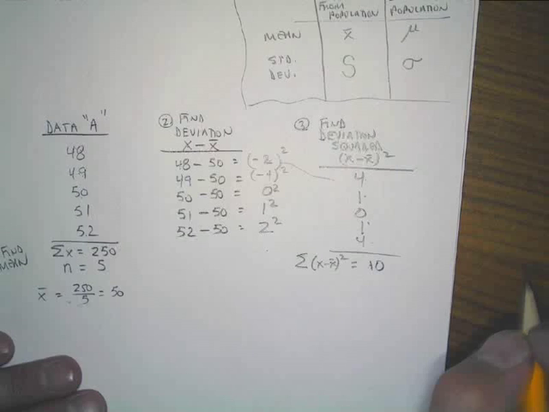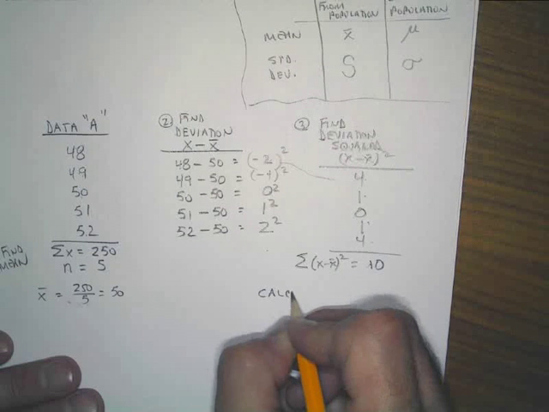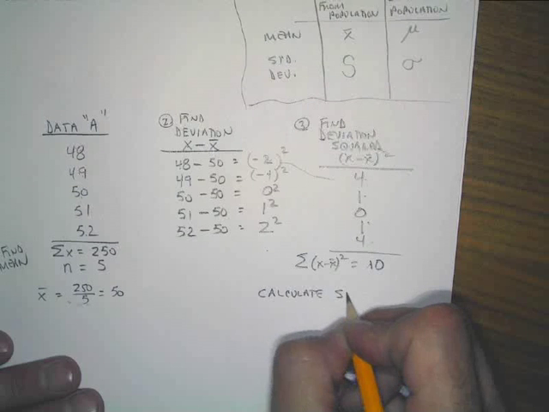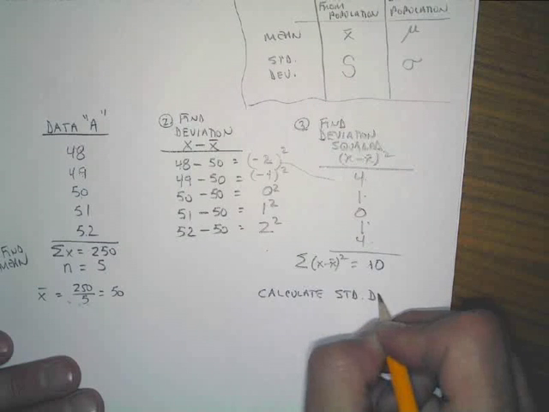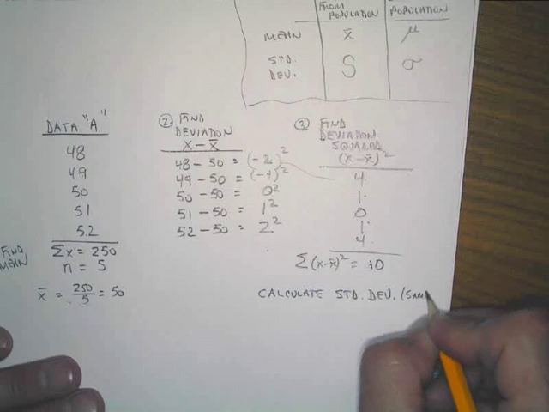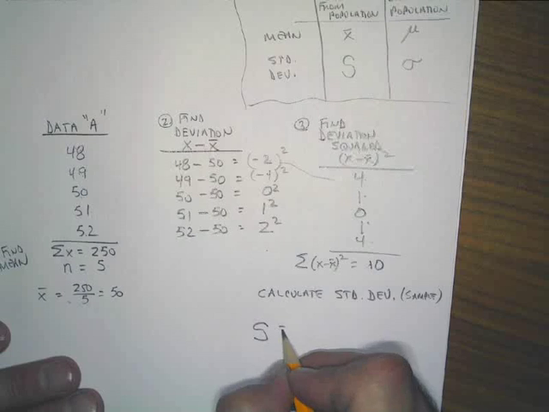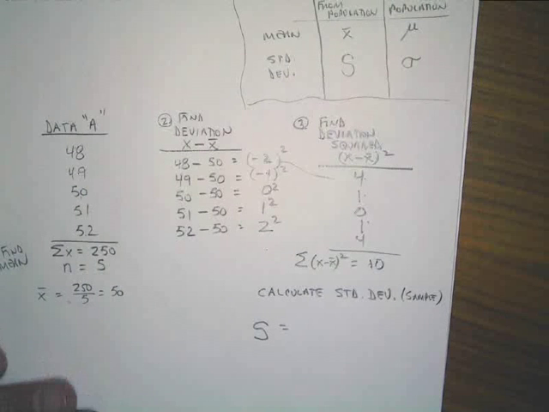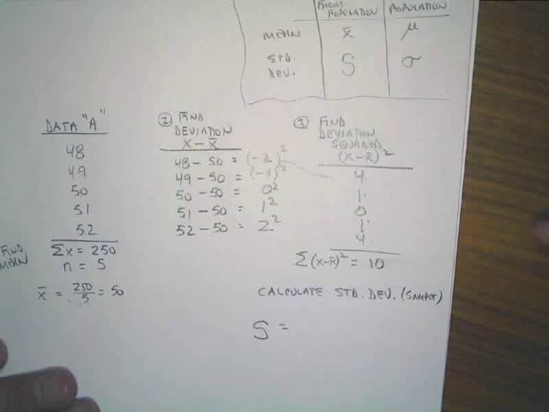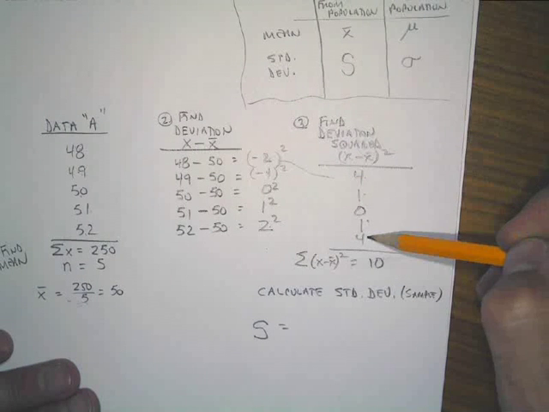And now we can calculate the standard deviation, and this is going to be for a sample. So S equals. Now, here's what we did. We found the distances and we squared them to make them all positive.